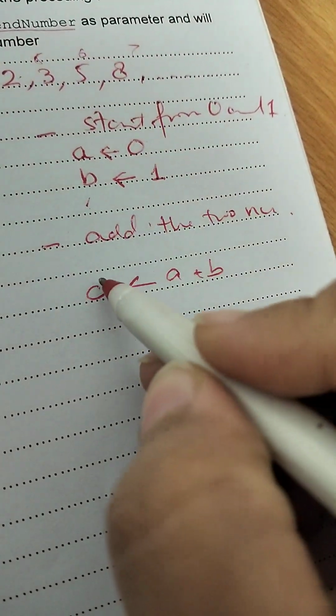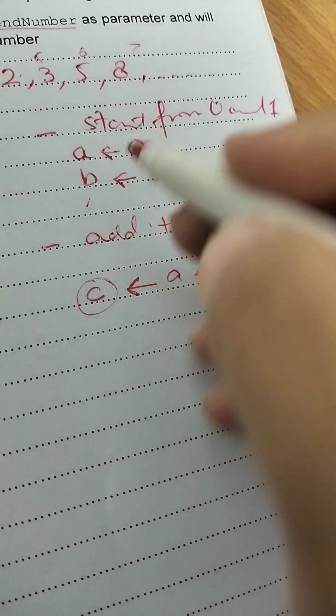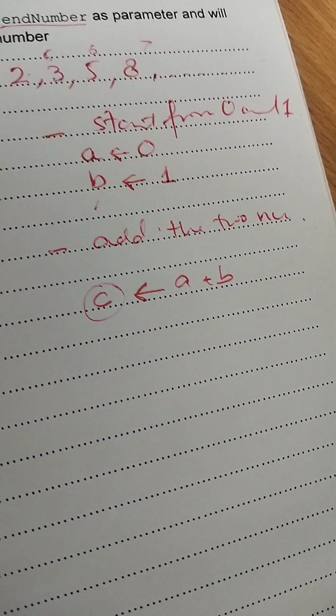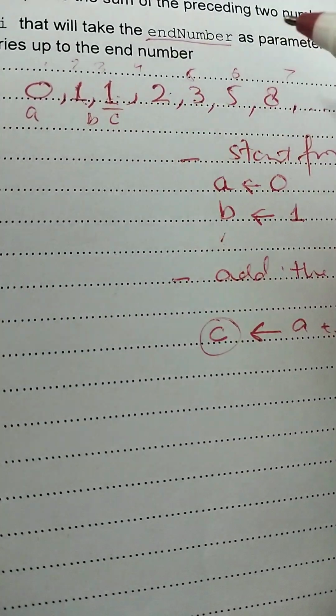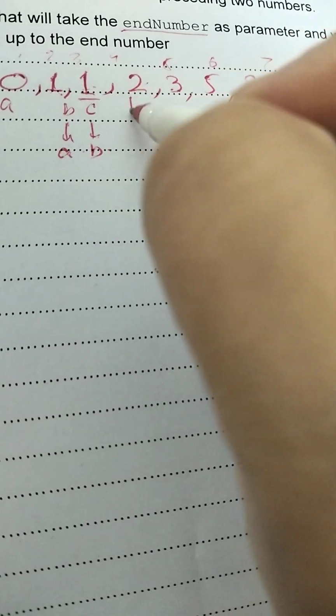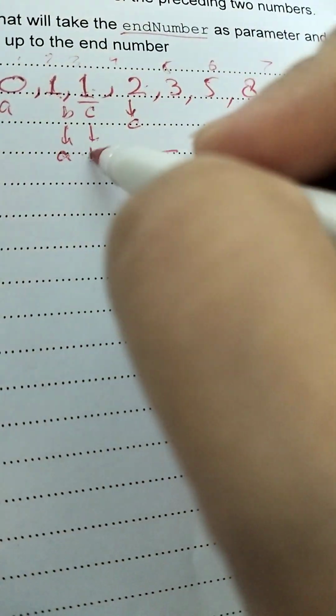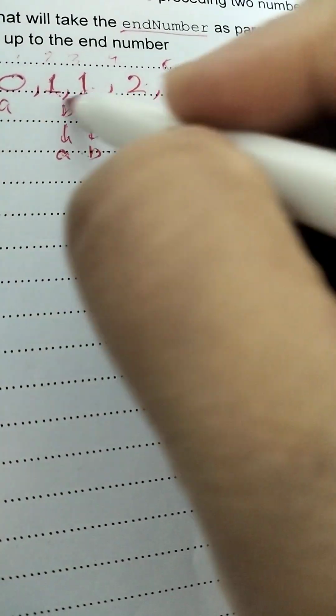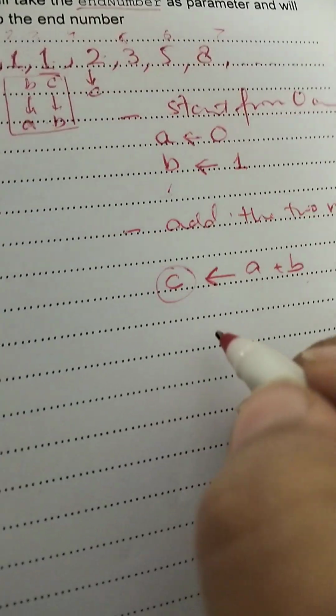Now this number is, for example, 1 in this case. This is A, B, C. And then the next time, again we do A plus B is equal to C, but our B becomes A and C becomes B, and then 2 becomes C. So A plus B equal to C. This is the change that is happening.